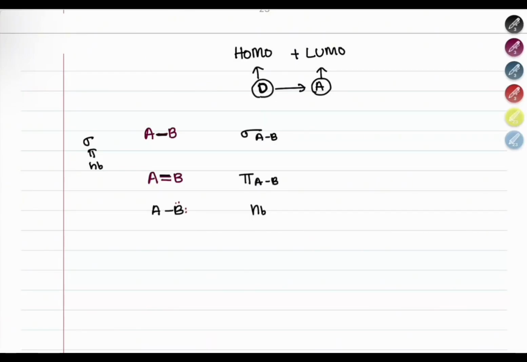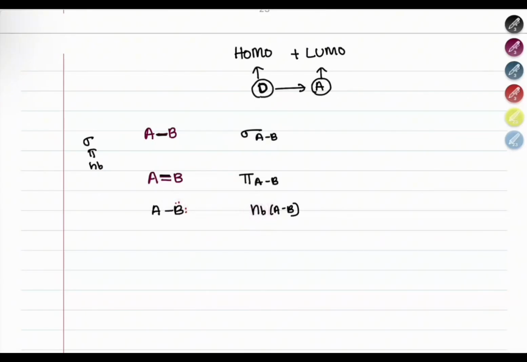That means the HOMO will be the non-bonding orbital of B. Okay. So we have seen three different cases of HOMO. If the electron in a sigma bond is donating, that means sigma will be the HOMO. If an electron in a pi bond is donating, in that case HOMO will be the pi of that bond, and if an electron in a lone pair is donating, in that case NB will be the HOMO.